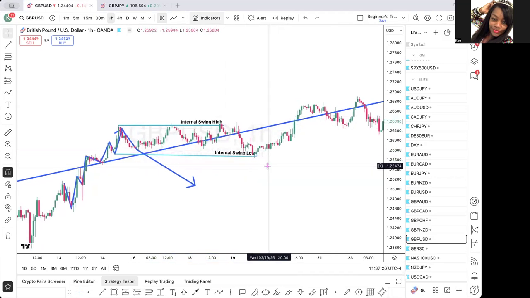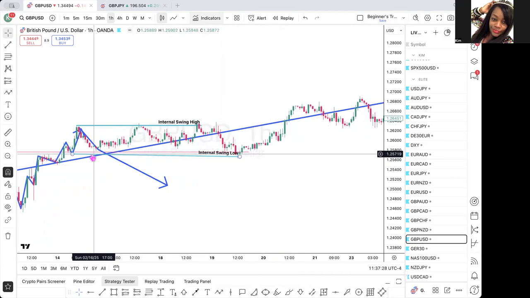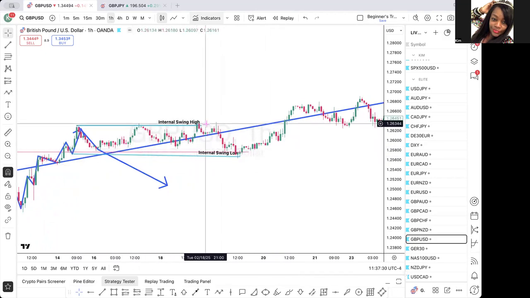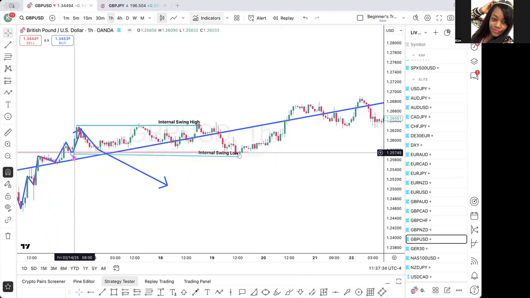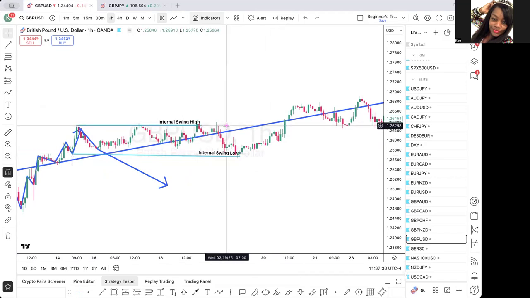Okay. And as you can see, price did break and it pulled back. It swept this low, but it did not close below the low. The close candle is your indication that price is going to continue in that direction.